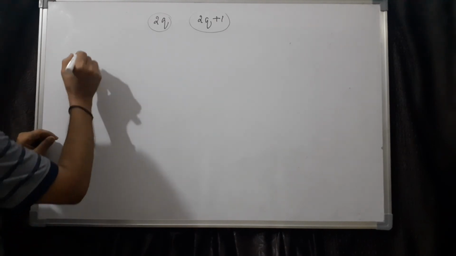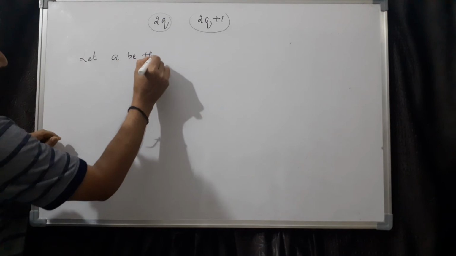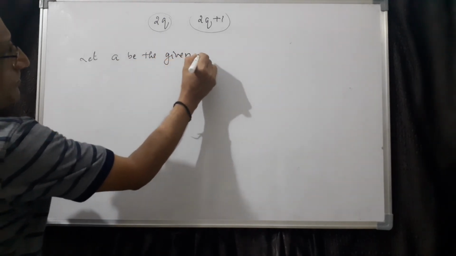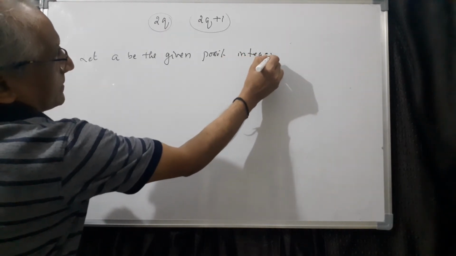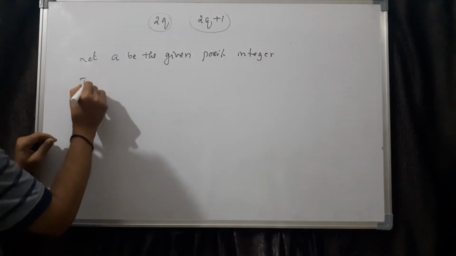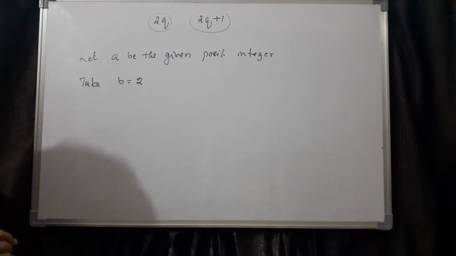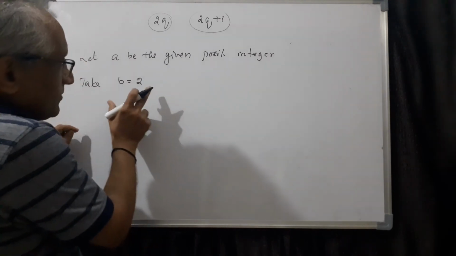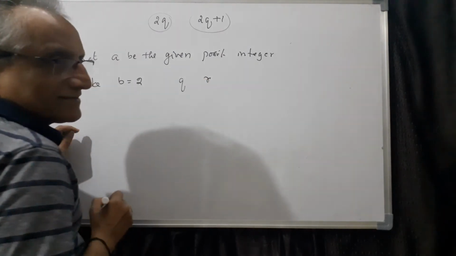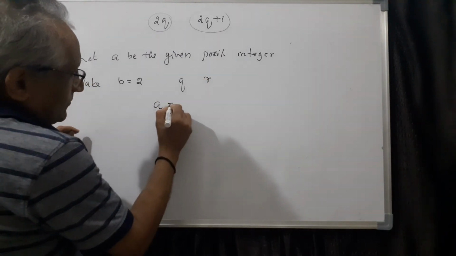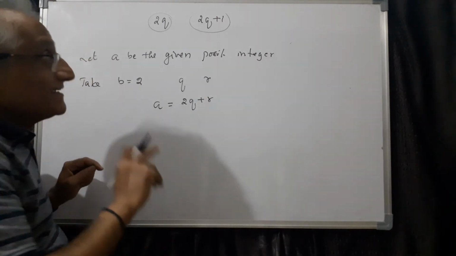To do this, let a be the given positive integer. Now let us take b equal to 2. You know this one, the division algorithm. From the division algorithm, there exist a q and r such that a equals 2 into q plus r. What is the condition?